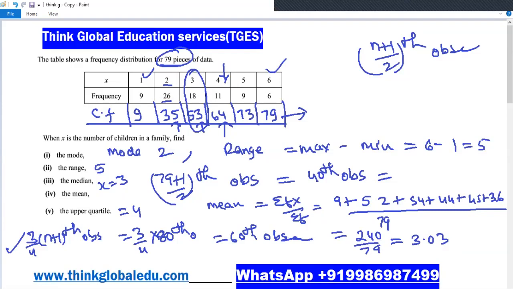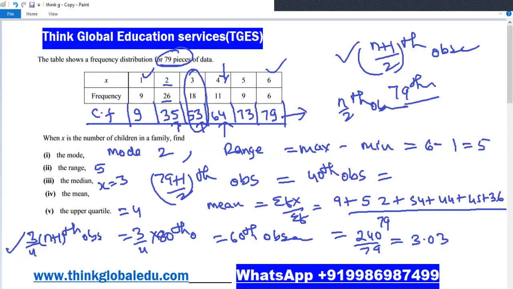It depends on the total pieces of data. Since 79 is an odd number, we use (79 plus 1) upon 2 to find exactly the middle value. So for odd n, we use the (n plus 1) upon 2th observation, and for even n, we use n upon 2th observation.